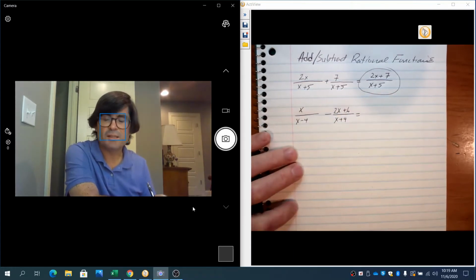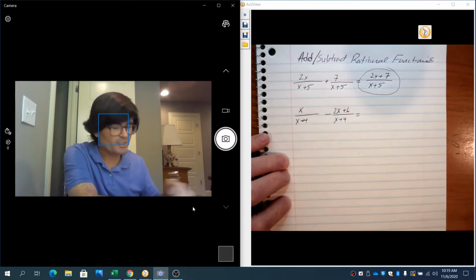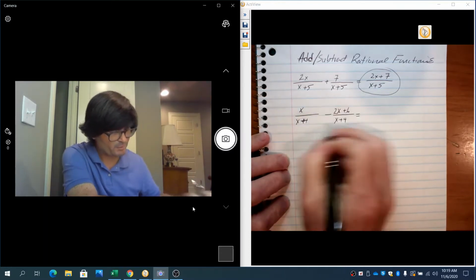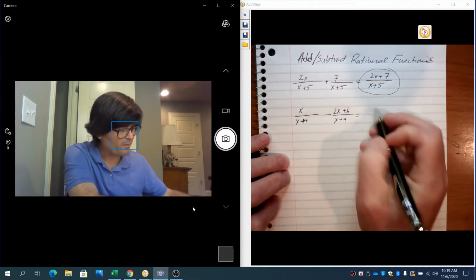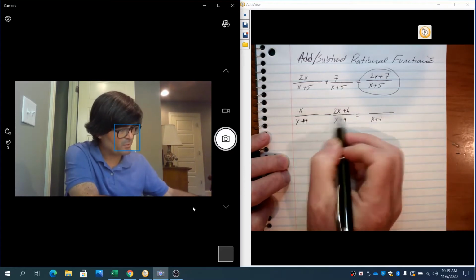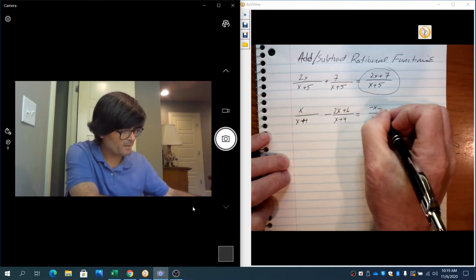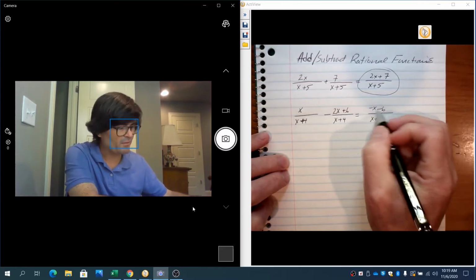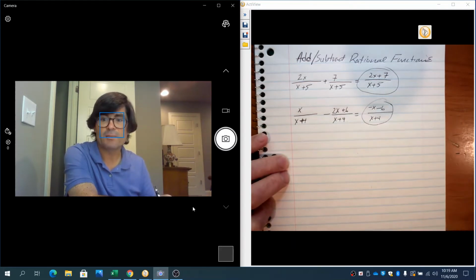With subtraction, the only thing you need to be worried about is that the negative does distribute to both of these terms. So you have a common denominator here of x plus 4. And then x minus 2x makes negative x. And then minus a 6 makes minus 6. So you get negative x minus 6 over x plus 4. Again, both of those have common denominators.